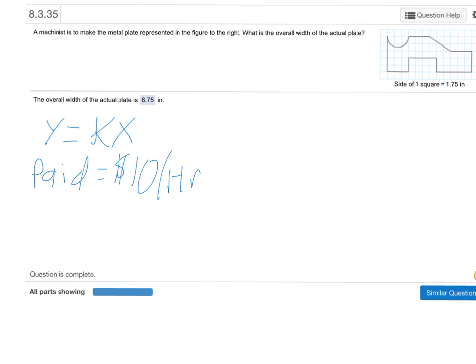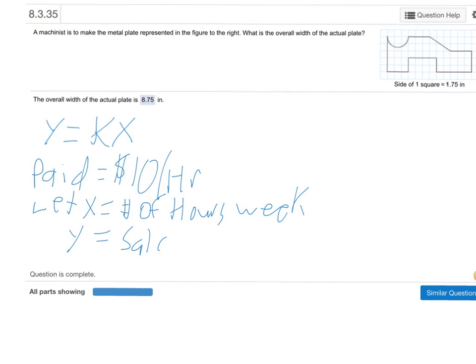Well, if you let x equal the number of hours they work each week, then to find their salary, you let y be their salary, then y equal 10x would be an equation which, given their hours, you multiply by 10 and that'll give you their salary. So that's using an example of this.